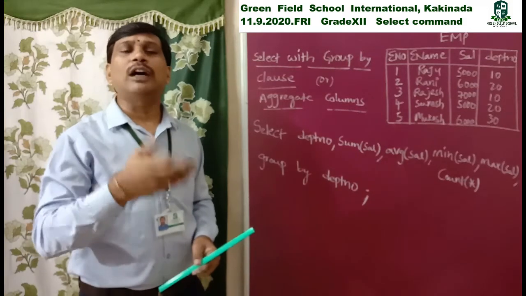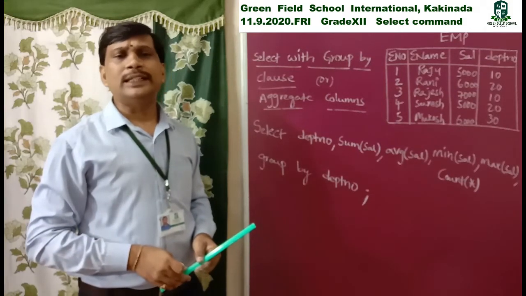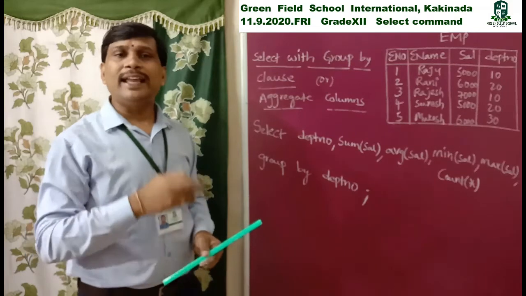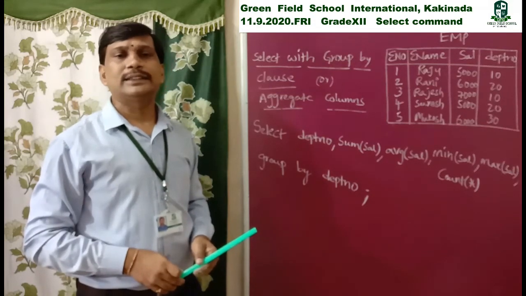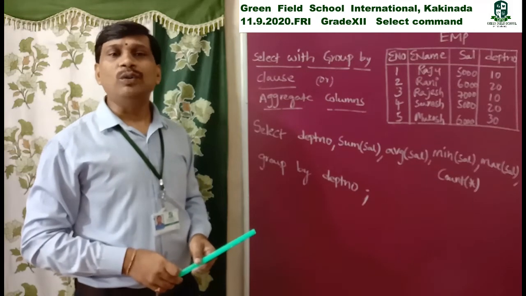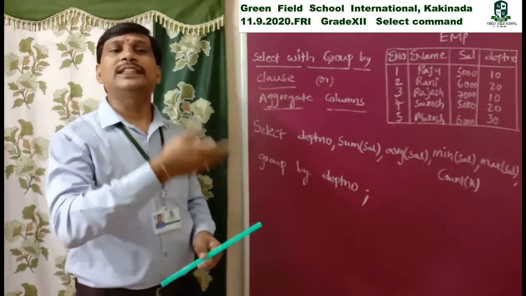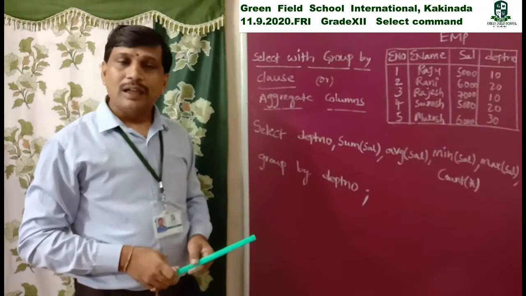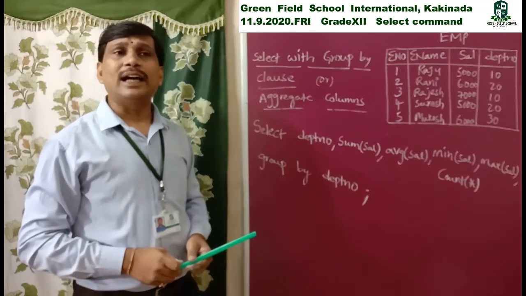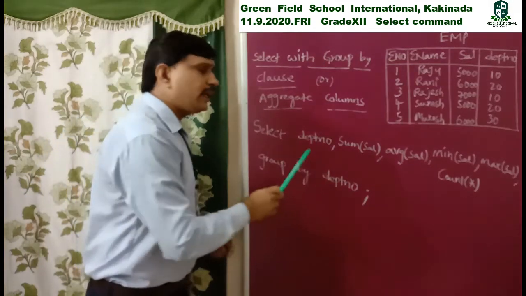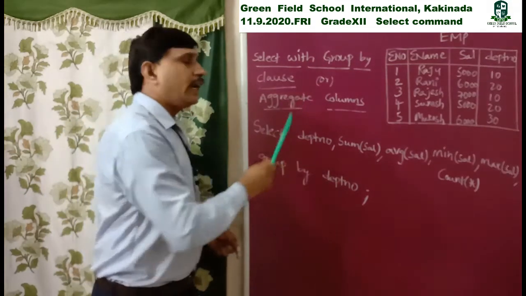Maximum, maximum out of all the objects. Average, sum of all elements divided by the number of elements. Counting, count the number of objects in that part. So in this way we calculate aggregate columns by using group by and aggregate functions.